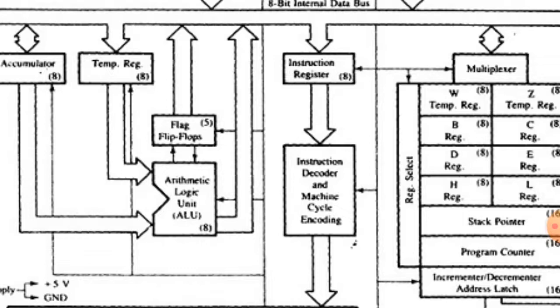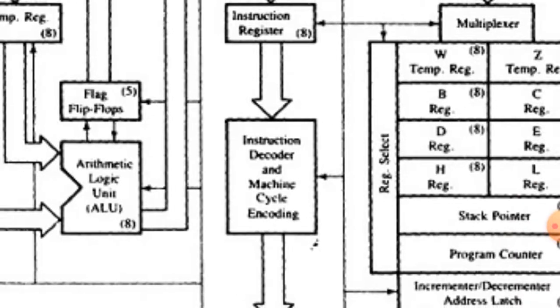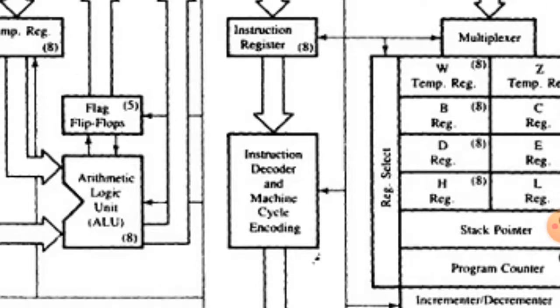Now next, after the flag flip-flop, you can see the instruction register and decoder. The instruction register and decoder is again an 8-bit register, as the diagram gives you the idea.